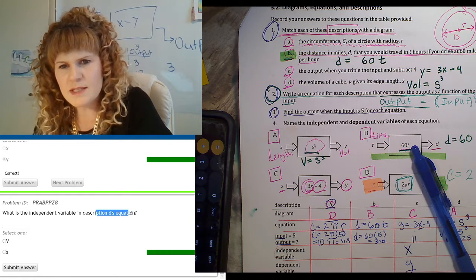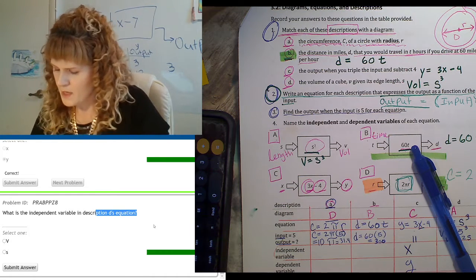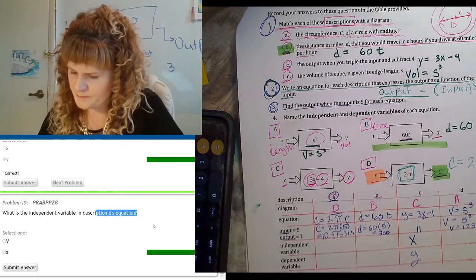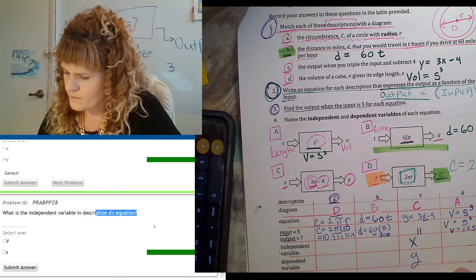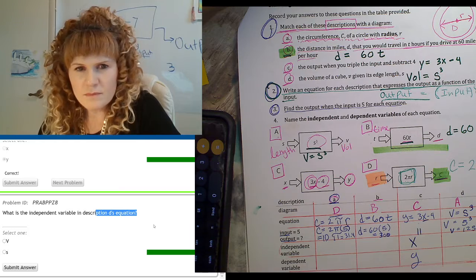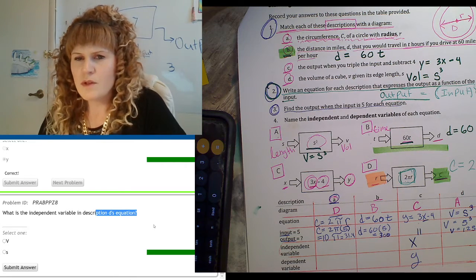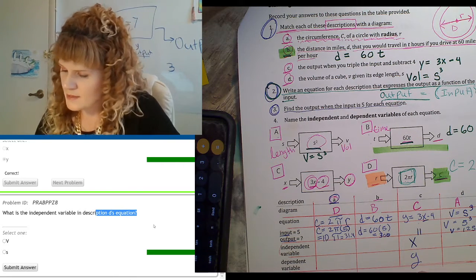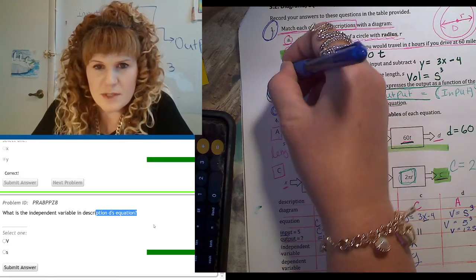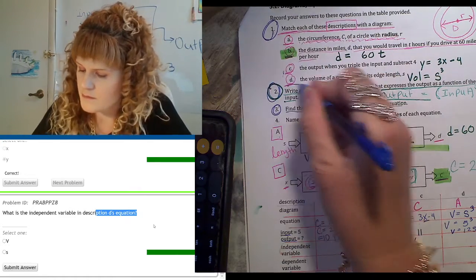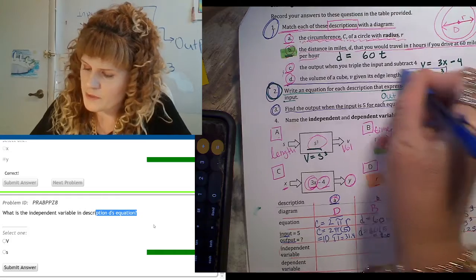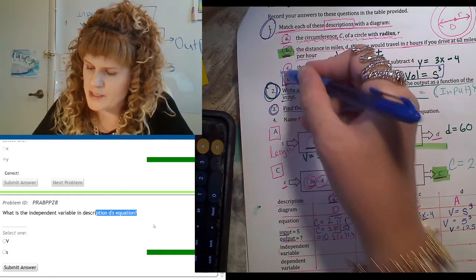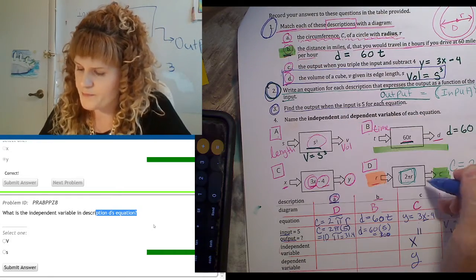One more. D's equation. Okay, go to equation D. Notice that it's the lowercase d, so that means it is this description, not the diagram. Look at the description. Remember that we matched these to the diagrams?